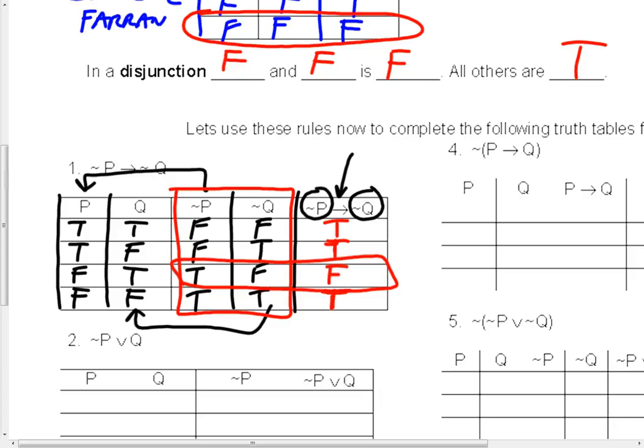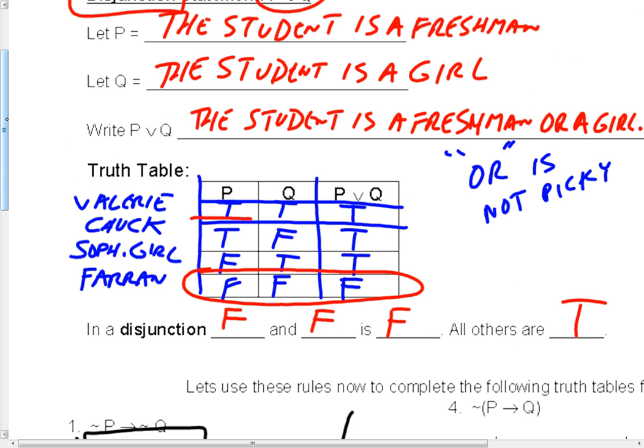This year we're learning the real basics of this. This is as difficult as this is going to get. The columns might stretch out a little bit longer, the statements might be a little more complex, but the three main ideas, conditional, conjunction, disjunction, are the only three that you're going to use this year. This gets useful when you take big, complex situations. Instead of simple statements like that, maybe we're talking about whole paragraphs full of information.